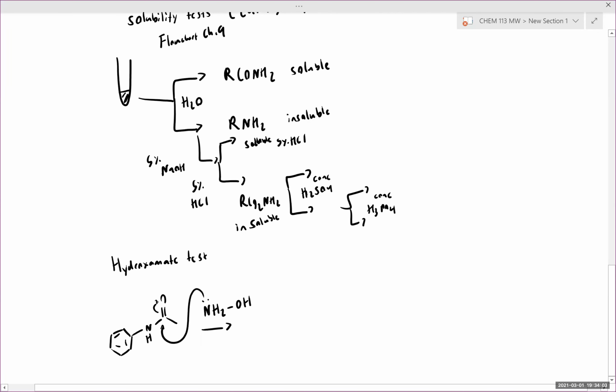They will react. We'll generate this tetrahedral intermediate. And then that tetrahedral intermediate will collapse and will generate a hydroxamate.